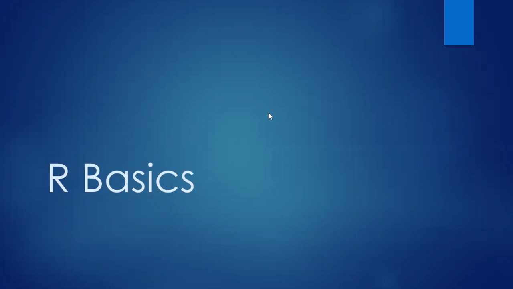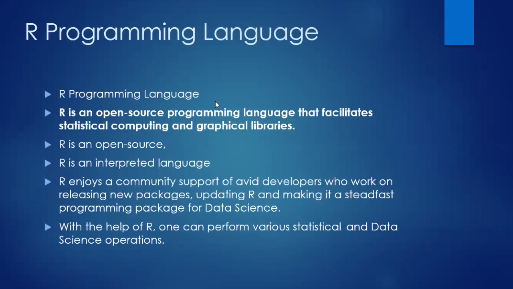So today we are going to understand the R basics. R is a programming language. It is an open source programming language that facilitates statistical computing and graphical libraries. R is an open source and interpreted language.